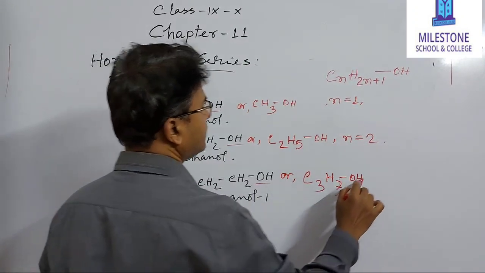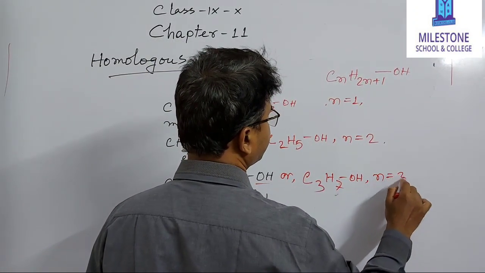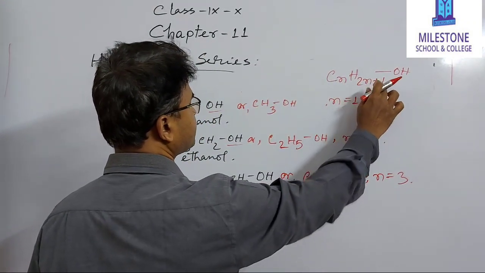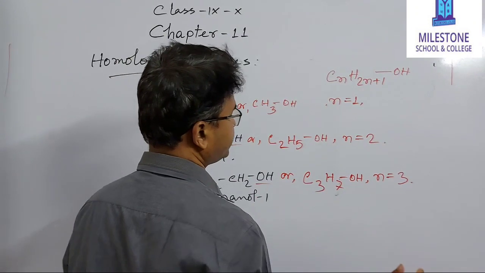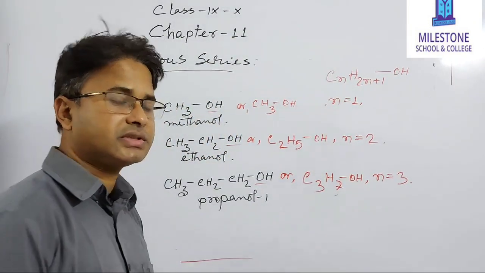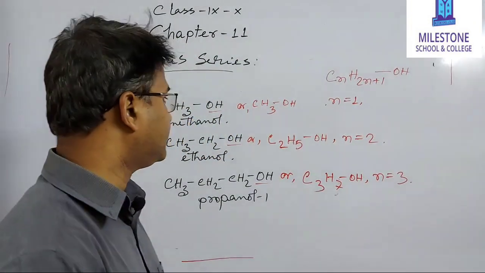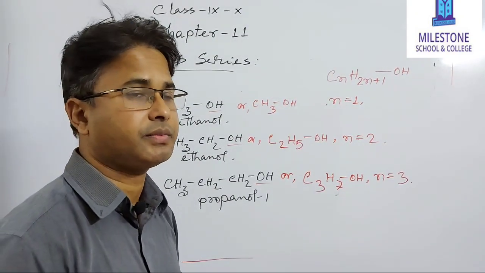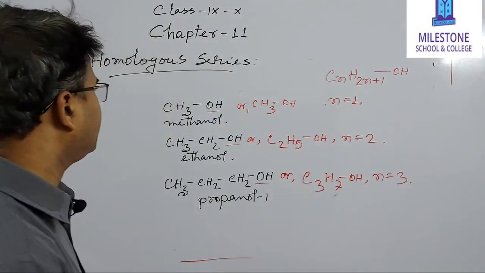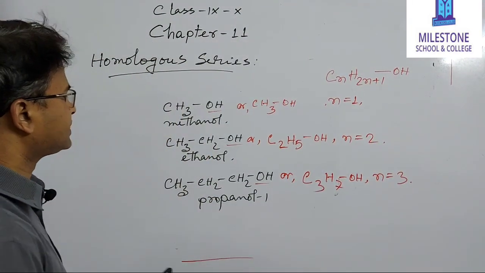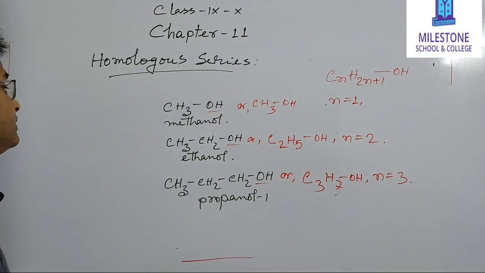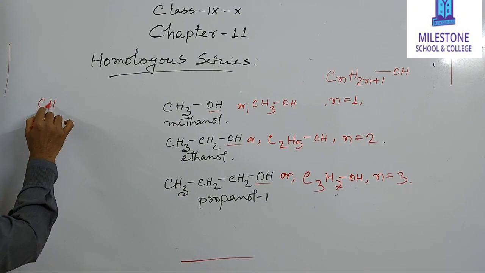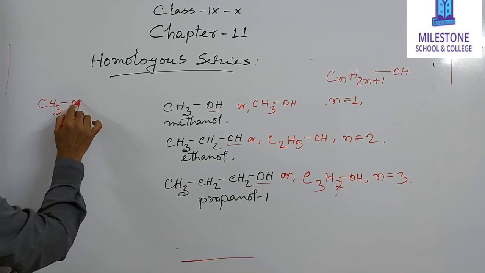And again, if you put n equal to 3, C3, H 2 into 3, 6, plus 1, 7, and OH. So dear students, I have shown you that all those compounds can be represented by a common formula, and this OH is actually known as the functional group. I will discuss the functional group very broadly later, but I would like to show you shortly about the functional group.